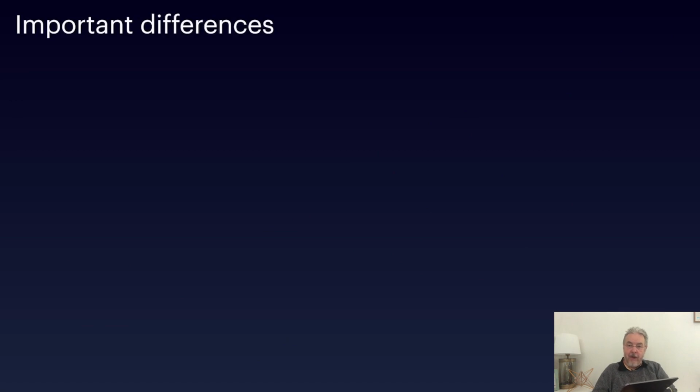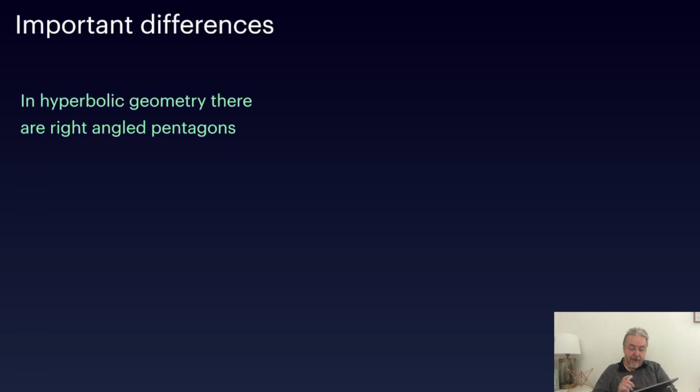Okay, let me finish here with a few important differences. We saw that many things are similar in Euclidean, hyperbolic and elliptic and other Cayley Klein geometries. I want to point out a few important differences that will become important later, and here is perhaps one of the most notable ones. In hyperbolic geometry, there are such strange things like pentagons that have right angles everywhere.